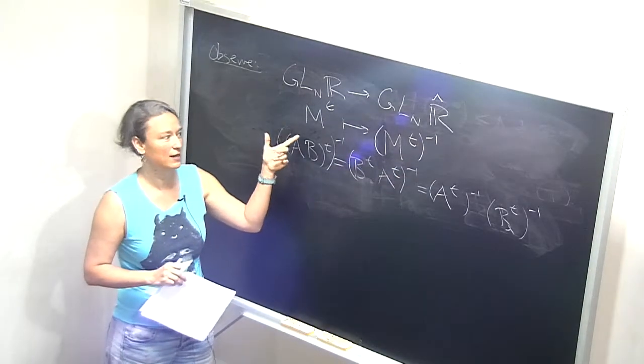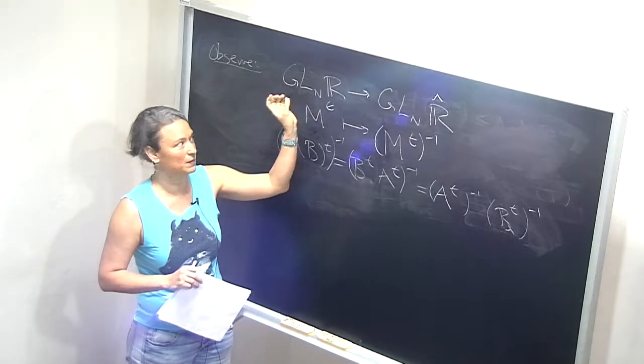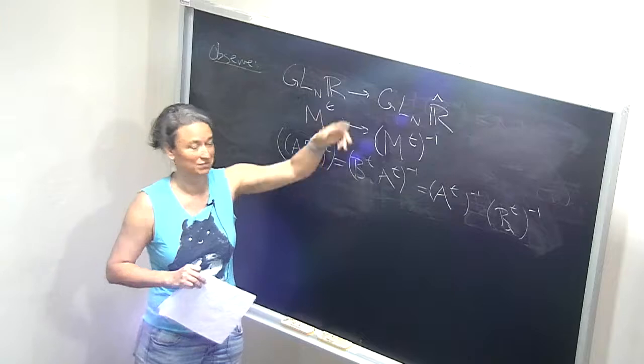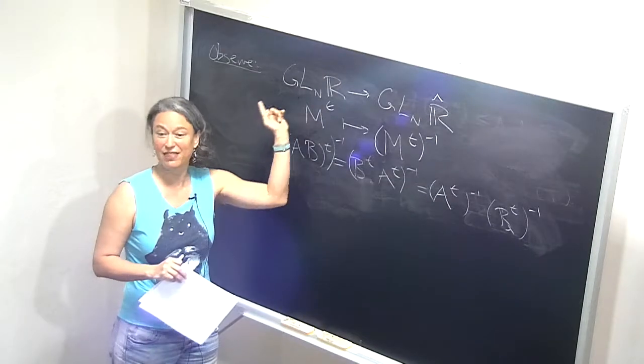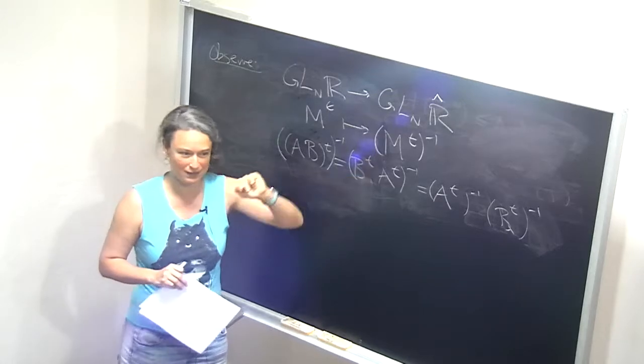So this certainly does give me an isomorphism between GL_n(R) and GL_n(R), but is it the map that I want here, okay? Where did this inverse come from? That's number one.